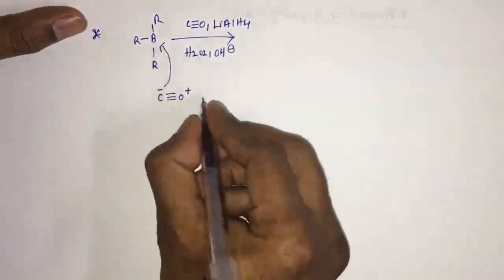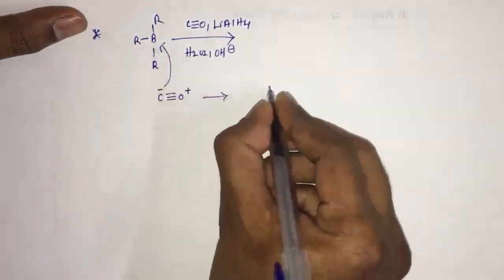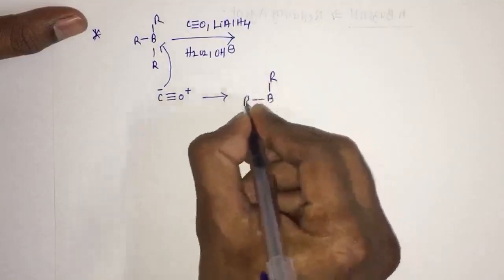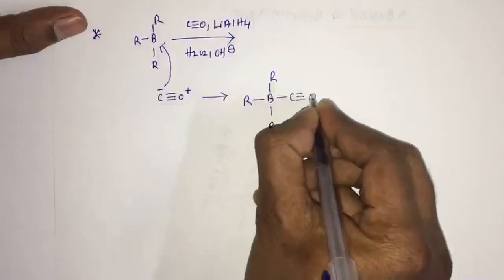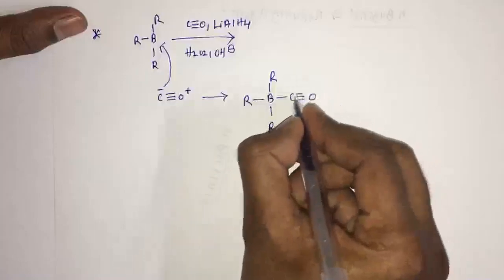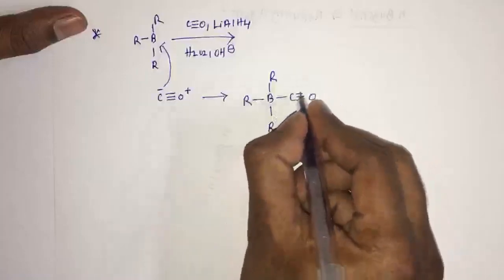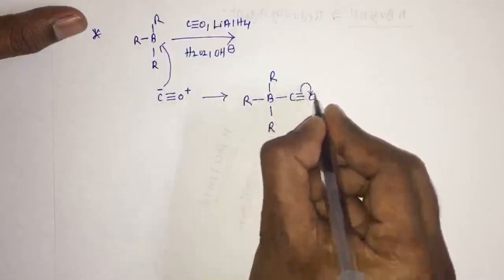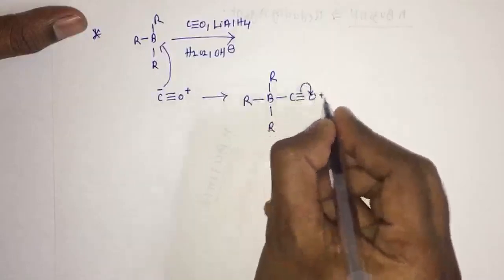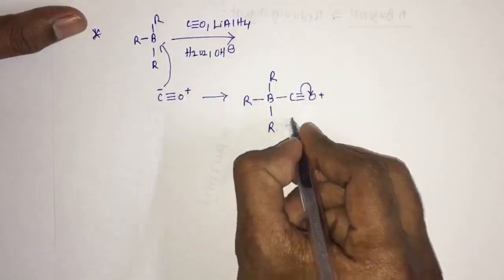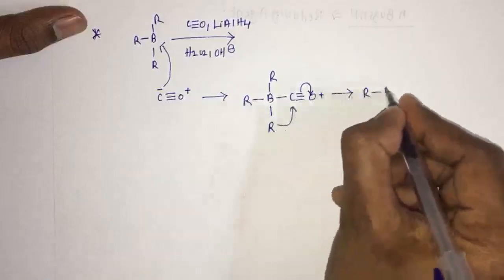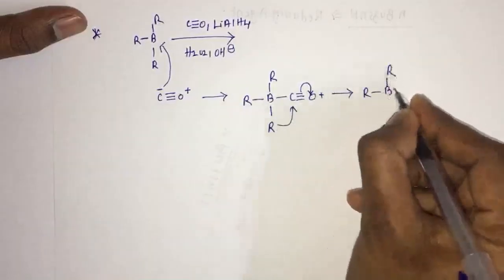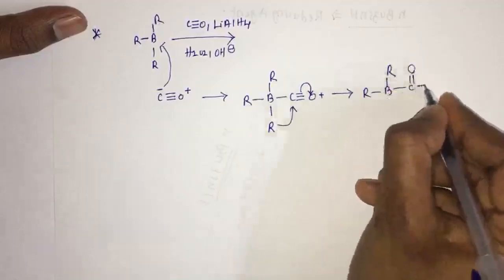This goes and attacks the boron, R, and C triple bond O. So now this bond goes onto the oxygen in order to neutralize this positive charge, and this alkyl group goes to carbon, R, B, R, COR.